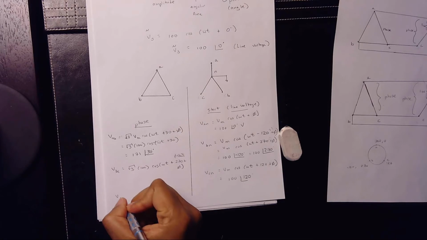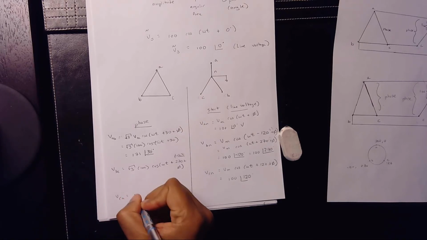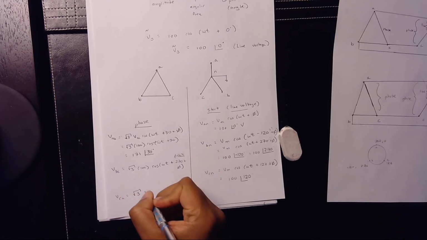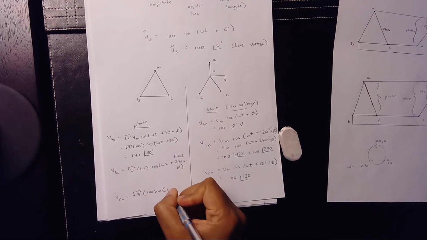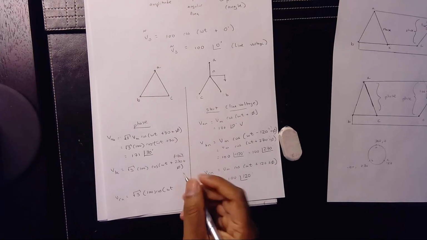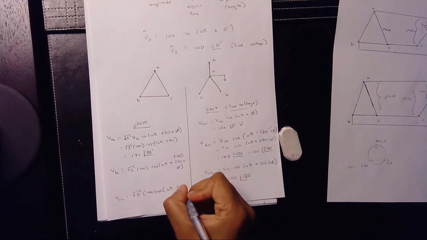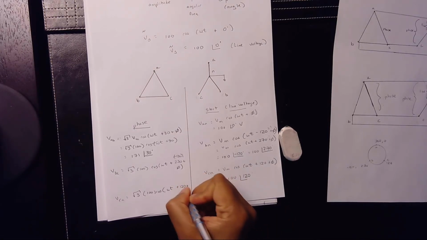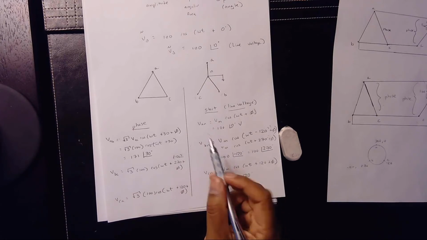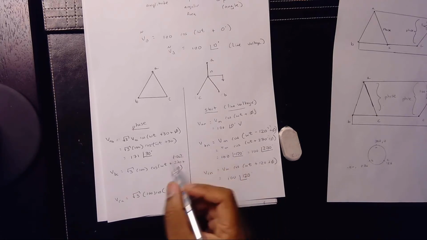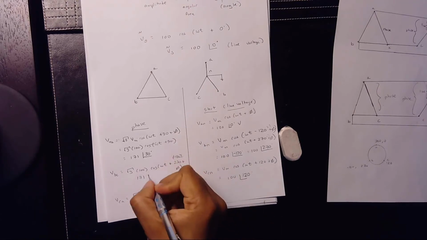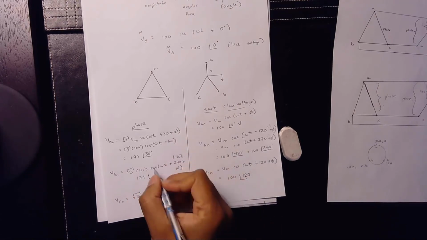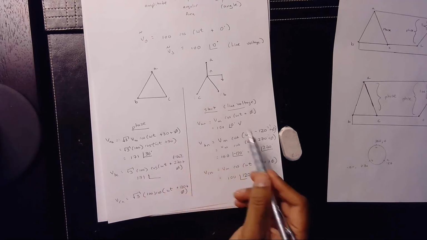And then VC to A is going to be square root of 3 times 100 times cosine omega t plus 120 plus phi. So if you put in a 0, you will get 171 at, I'm sorry, you're adding a plus 30.